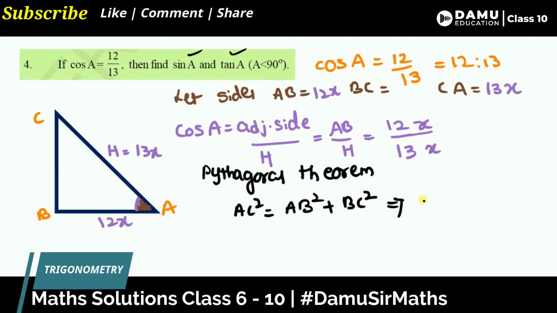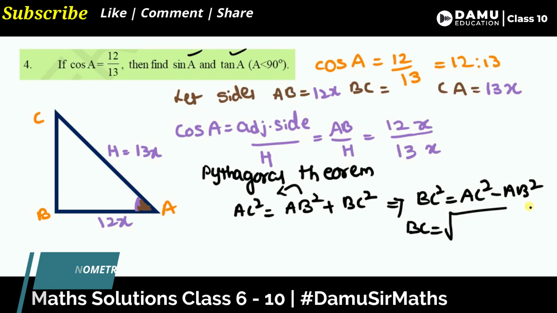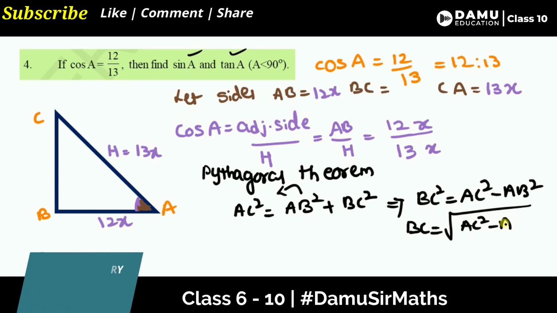That implies BC square will be equal to AC square minus AB square. We are shifting AB square to the left side. Then BC will be equal to square root of AC square minus AB square.